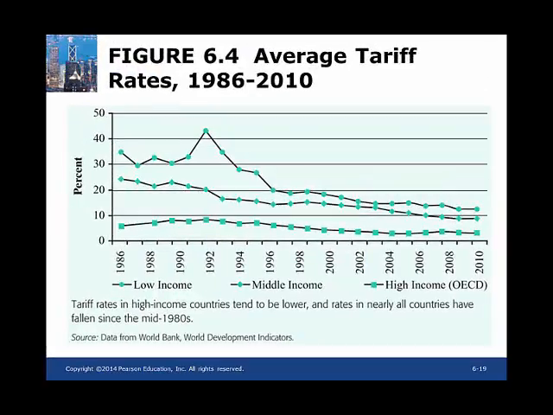Figure 6.4 shows average tariff rates from 1986 to 2010. You can see the average tariff rate is lower in the high income countries than the lower income countries, but since 1986 average tariff rate has decreased.